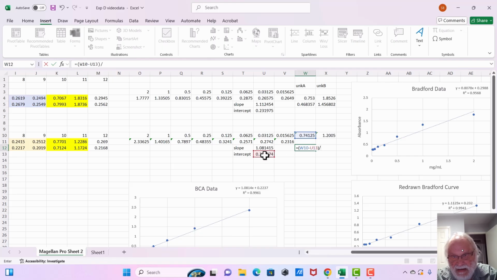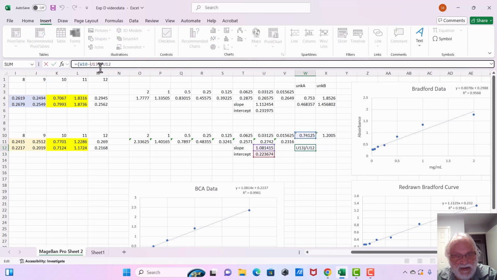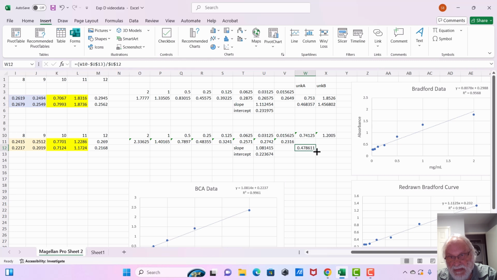Close that here and divide by the slope. And we have the value here. We go ahead and put the dollar signs in to make sure we can copy without things moving around. Now this equation is something you're going to have to do multiple times this semester. So we have here the concentrations, and we have all the values.